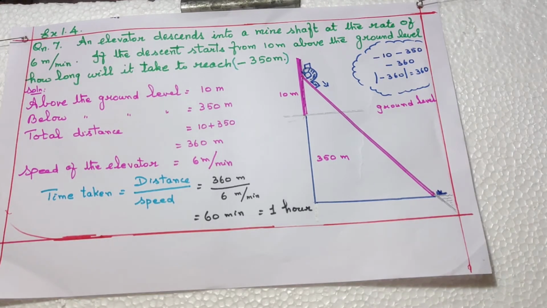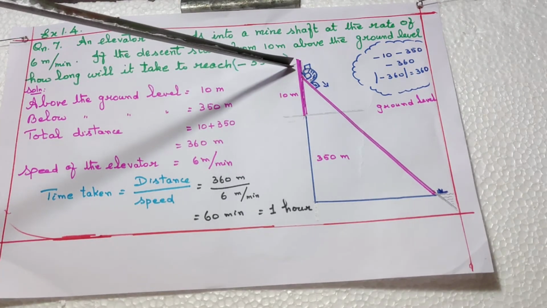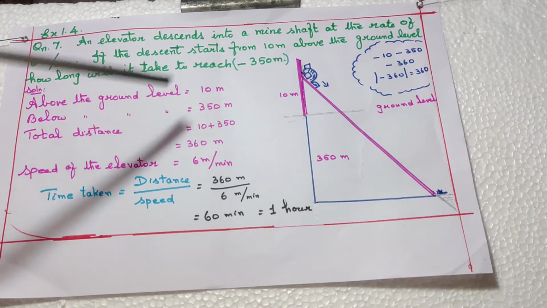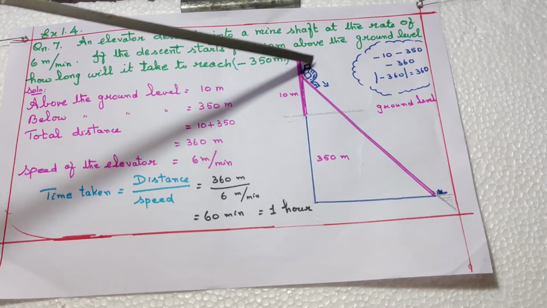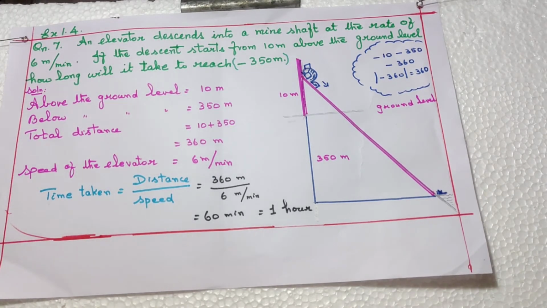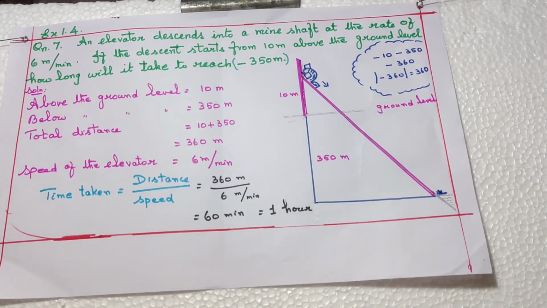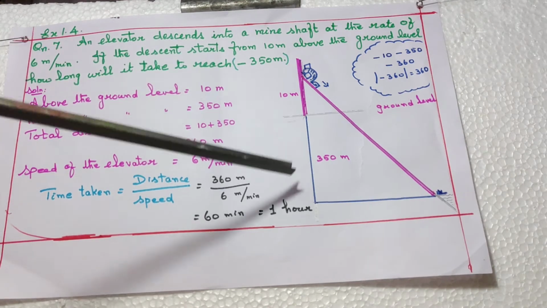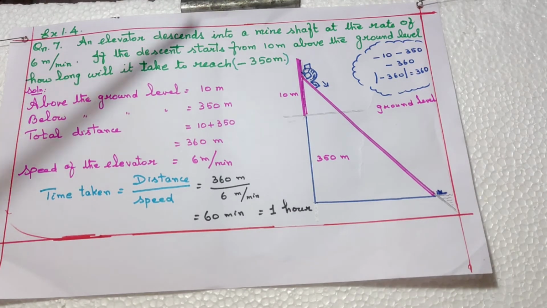Now here again, the elevator is above the ground level. How much? 10 meters. So if I say this is the ground level, the elevator is 10 meters above. Above means it is positive, right? So above 10 meters. And it should reach 350 meters below the ground level. That means below, right?